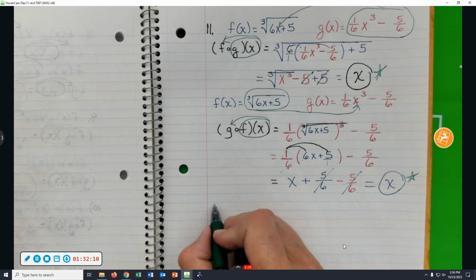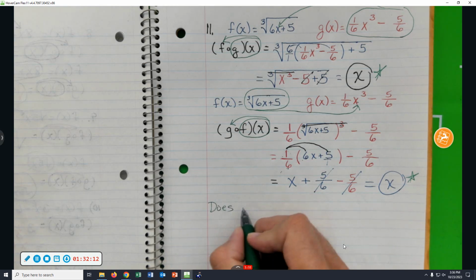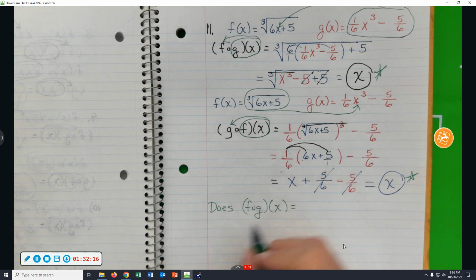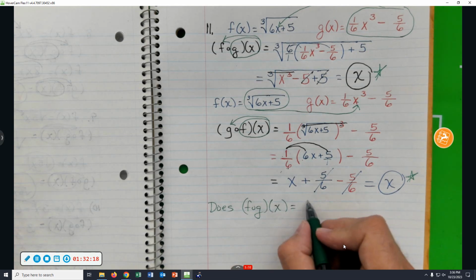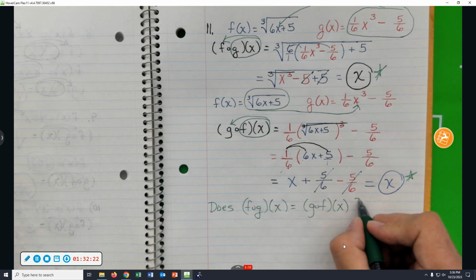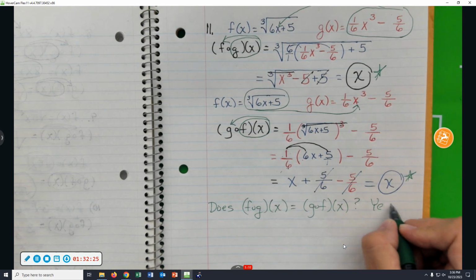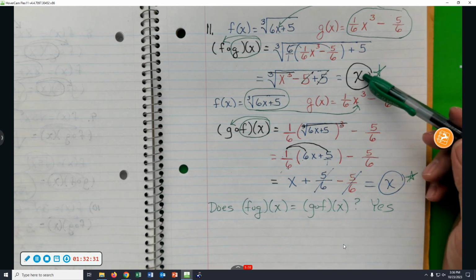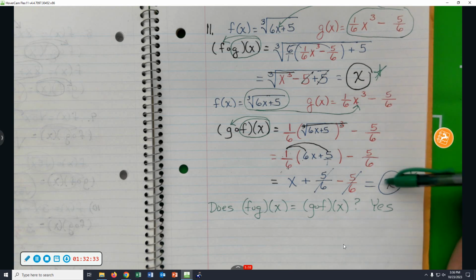And so, does f composed with g of x equal g composed with f of x? Once again, yes. It happens very rarely. When it does, these functions are called inverse functions.